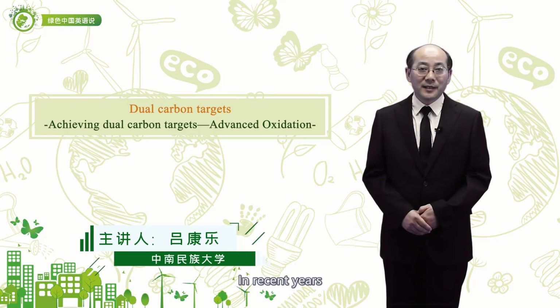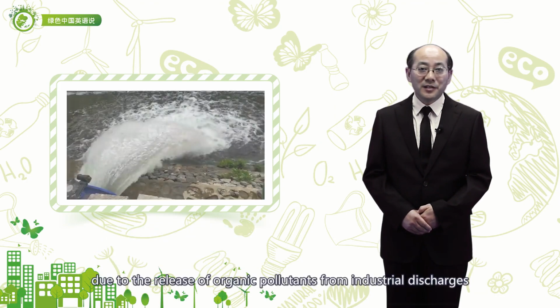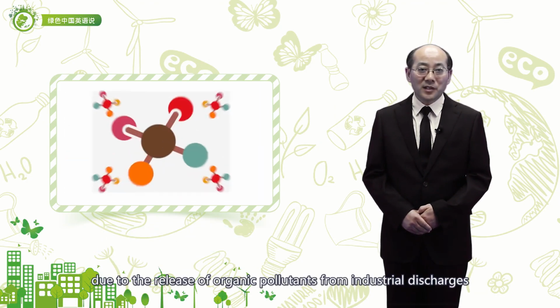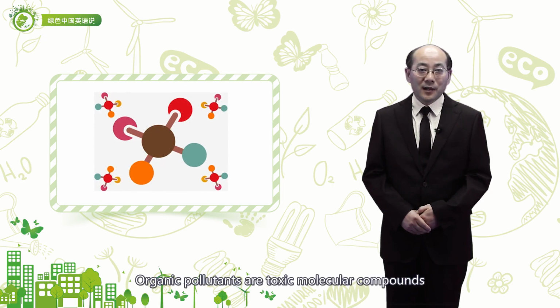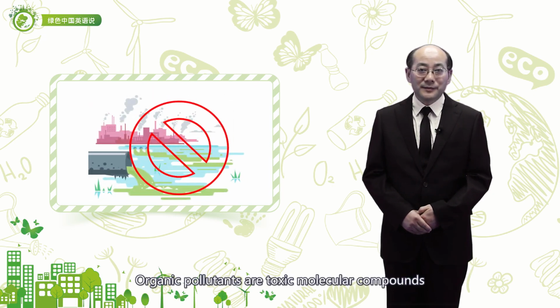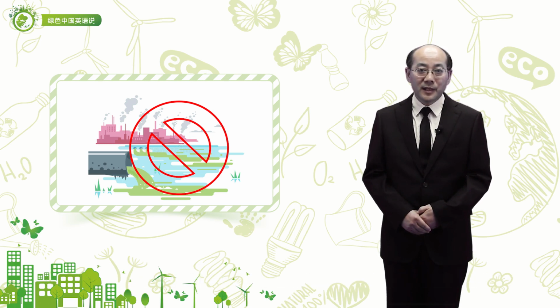In recent years, the contamination of water resources continuously exists due to the release of organic pollutants from industrial discharges. Organic pollutants are toxic molecular compounds that could affect the fresh water quality, as well as cause various diseases in humans when exceeding the permissible limits.